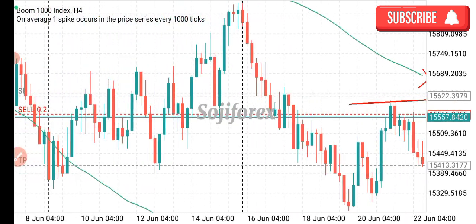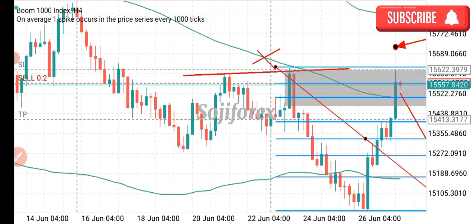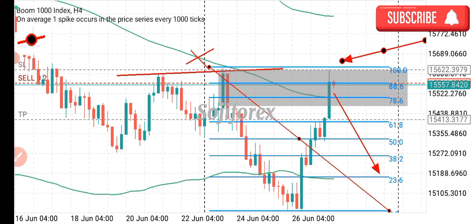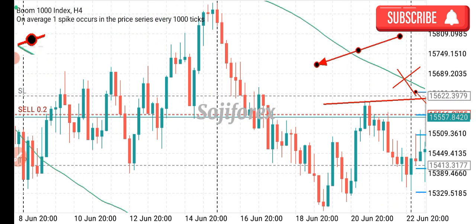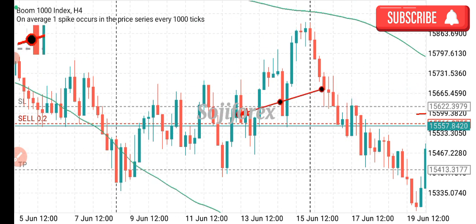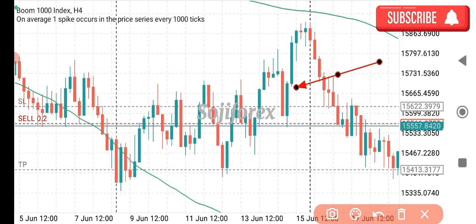There are two conditions that validate either a support or a resistance, order block or supply and demand zone. One of the conditions is you need to see the impulsive move, the nature of the movement of the market from that zone. For instance, here we are in an uptrend because our market is giving us a higher low, higher high, higher low, higher high, higher low, and a higher high.